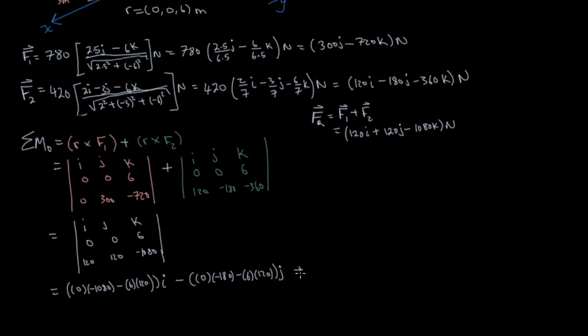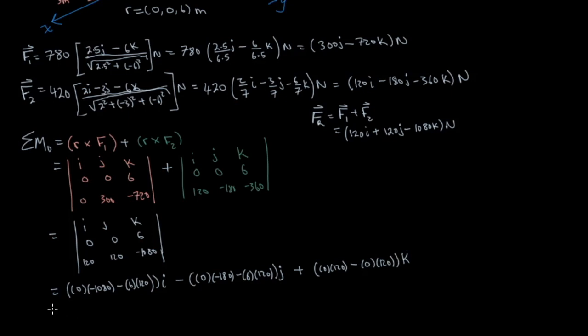And we put our plus sign. Okay, so 0 times 120 minus 0 times 120, and that'll give us k.